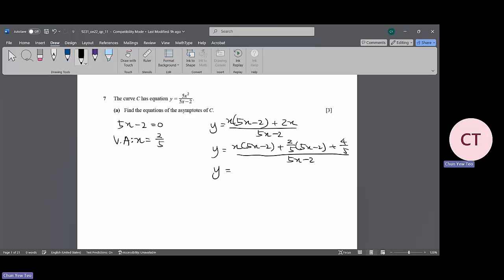So from here, you will get x plus 2 over 5 plus 4 over 5 of 5x divided by 5x minus 2. Okay, so this is your expression after you reduce it to become a proper fraction. So your OA will be y equal to x plus 2 over 5. Then we are done with the asymptotes VA and OA.